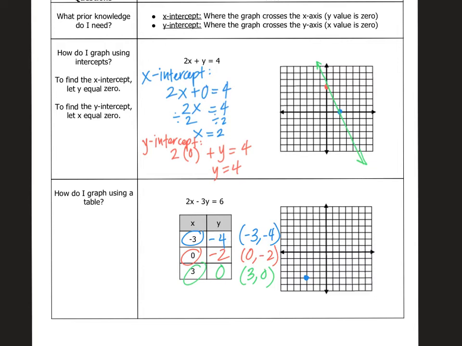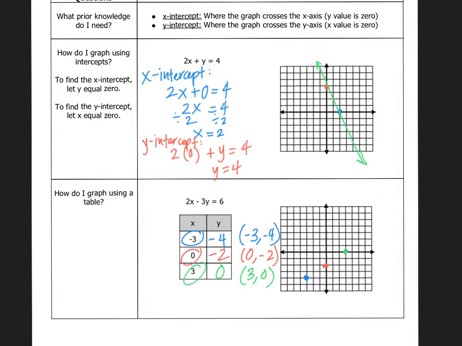Whoops, sorry about that. And so I'm at 0, negative 2, so right here. And then my last point is positive 3, 0. So I go over to positive 3, and then I don't go up or down because my y is 0.